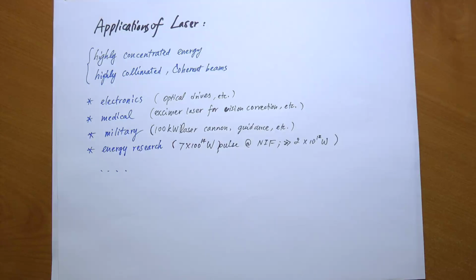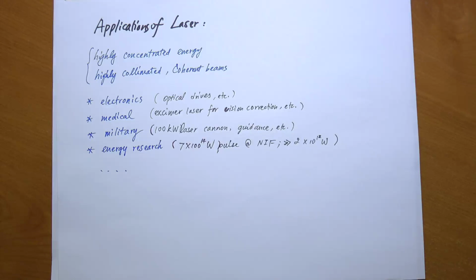Medical devices, for example, the excimer laser, which is being used for laser vision correction for nearsightedness, farsightedness. We also use laser to perform other forms of surgeries, to stop bleeding and so on. Military applications: the typical laser pointer beam is very concentrated, even though it doesn't put a lot of power out.